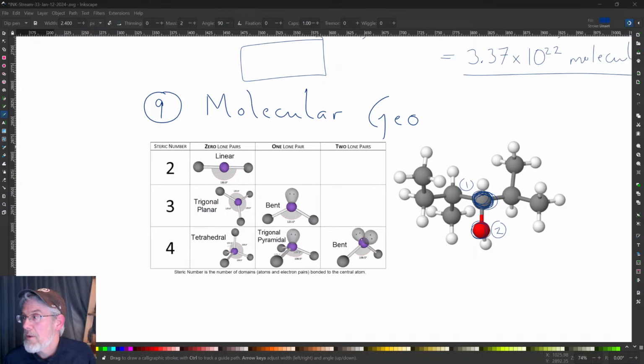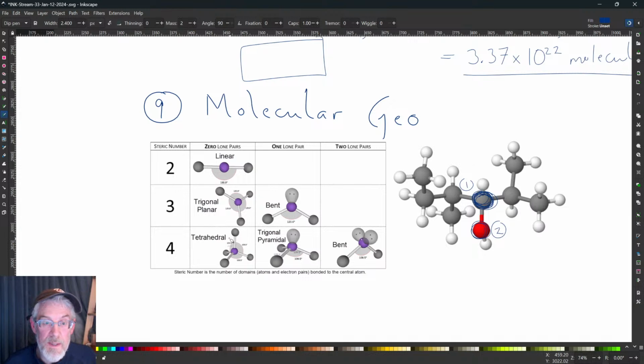All right, molecular geometry. So you can use the chart I have here to look at this. If we look at this carbon here, you could see there's 1, 2, 3, 4 things attached to it, and there aren't any lone pairs. So it is going to be tetrahedral. So all of these carbons here are tetrahedral.